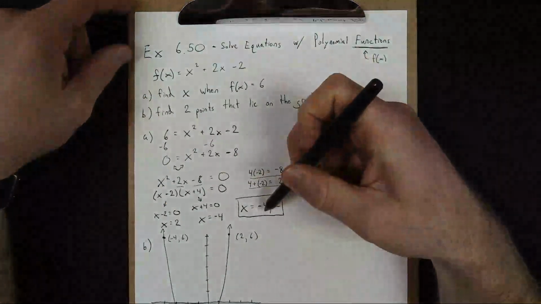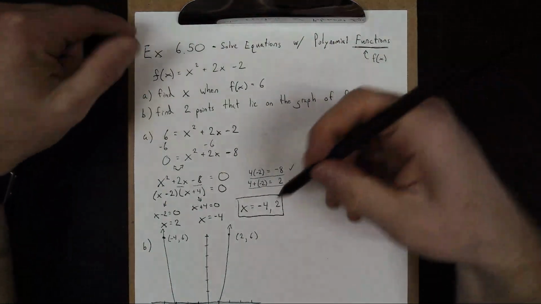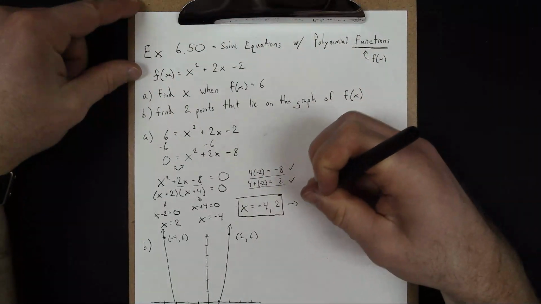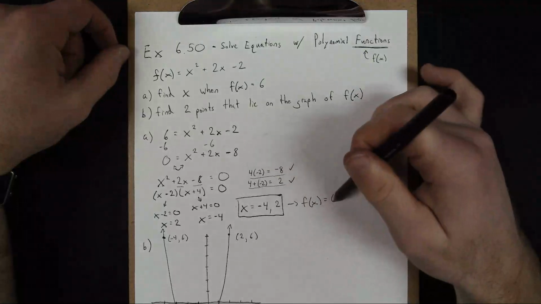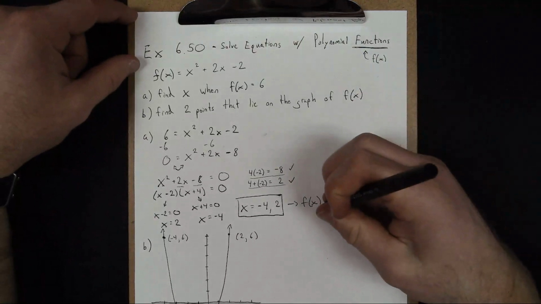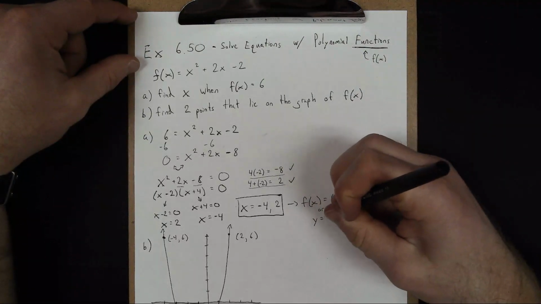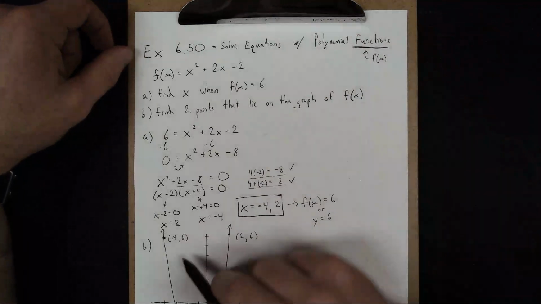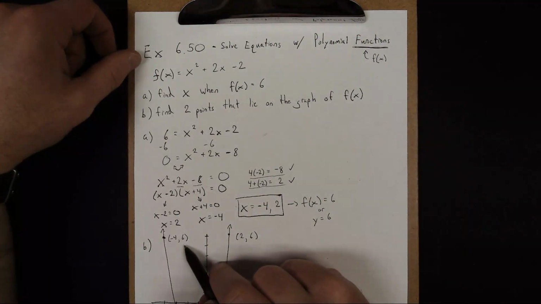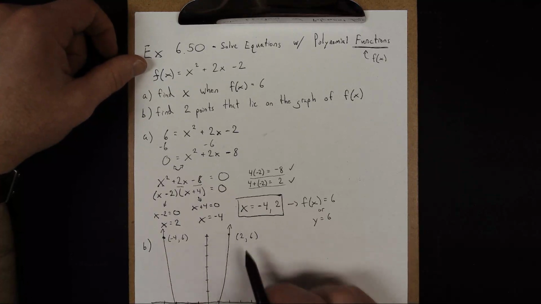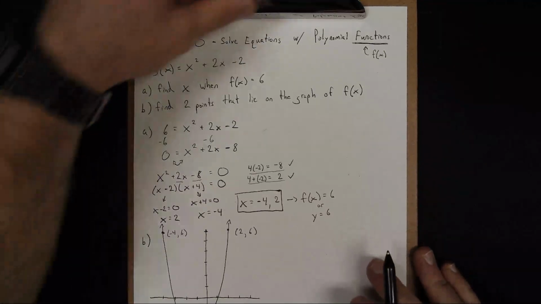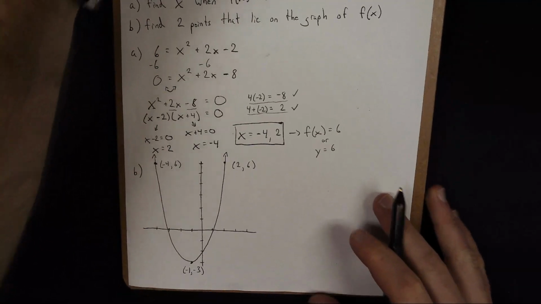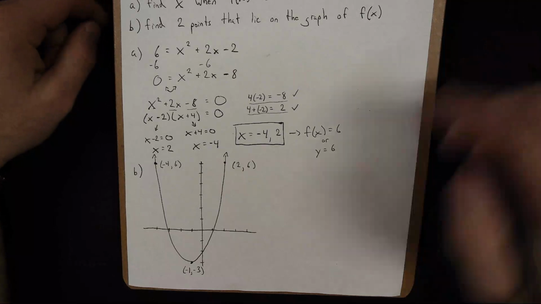Okay, we found -4, and then all we had to do is interpret that at these points, f of x is equal to 6, or y is equal to 6 at those points. So here, x equal to -4, y is equal to 6. That's our first point. Second point, at x is equal to 2, f of x is equal to 6. So there's your answer. And there's our 2 points.